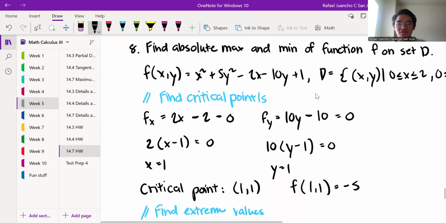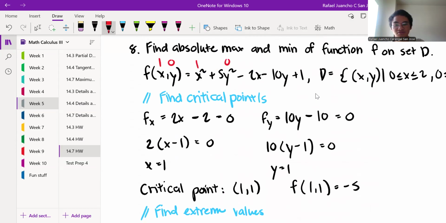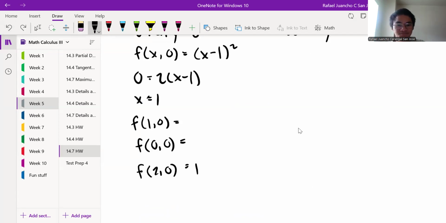So 1, 0, let's quickly do that. 1, 0, 1, 0, 0, gone, gone, 1, 1 minus 2 plus 1, 0. Okay, let me just erase my erasures. So this is 0.